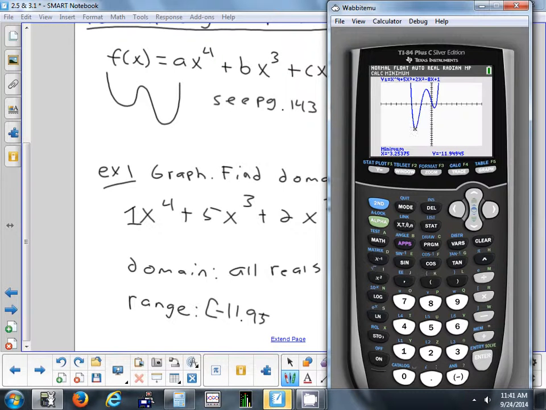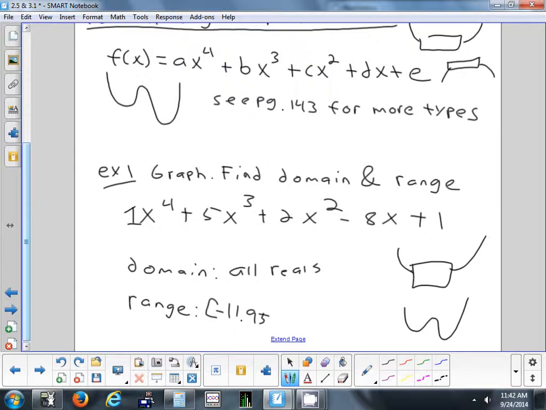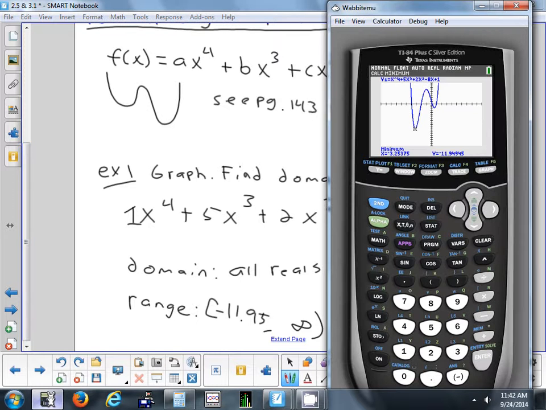I can put a bracket because I do reach negative 11.95 if we're rounding it. No upper limit. Question on that one?